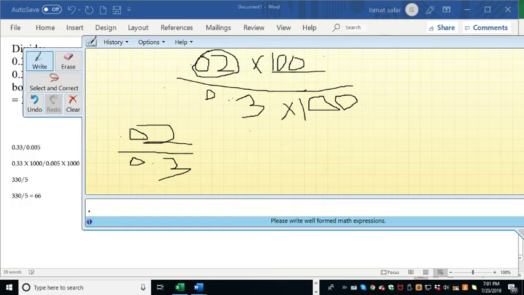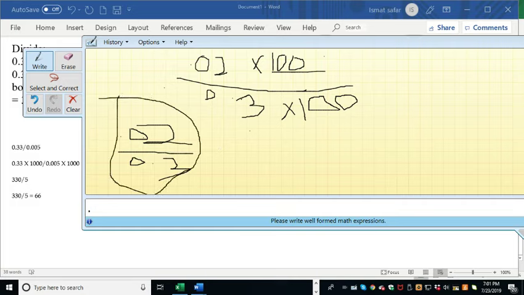If they have four or five locations after the decimal point, we use 10,000 or 100,000. That's why we use 100, because one of the numbers here has two locations after the decimal point.